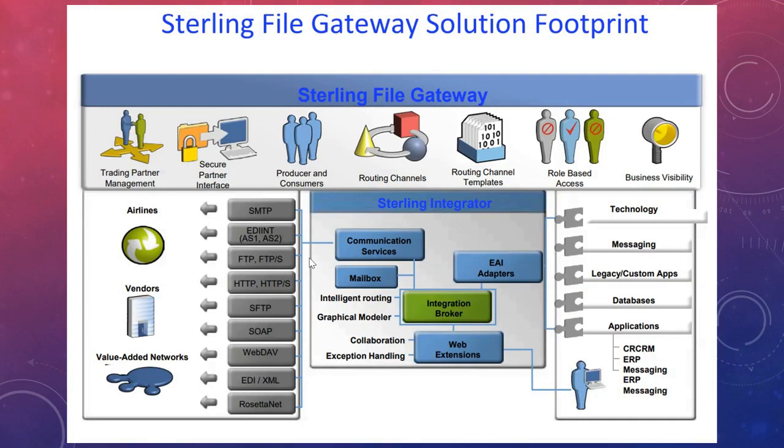Now, last but not the least, as you see over here, under the hood of Sterling File Gateway, you have the entire Sterling Integrator foundation. So it has all those adapters and services that I was speaking about in my previous topic, and it has all those communication services, the integration broker, the different kinds of web extensions that Sterling Integrator provides out of the box.